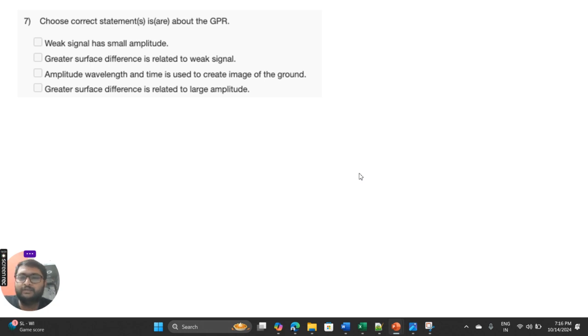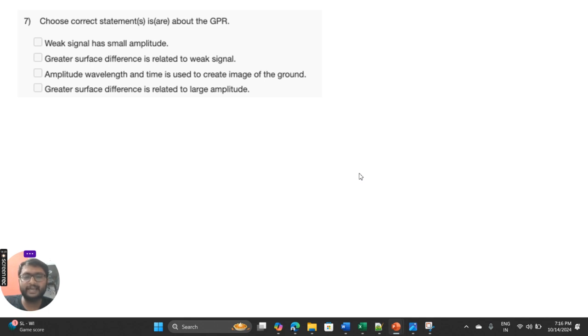If we want to take the signal from someone, the second is correct. I think for delta, the second: surface difference is related to the weak signal. If a signal goes and comes back, and the surface difference is large, what will happen?